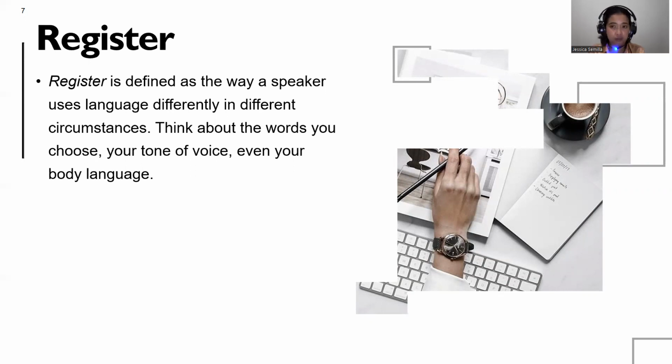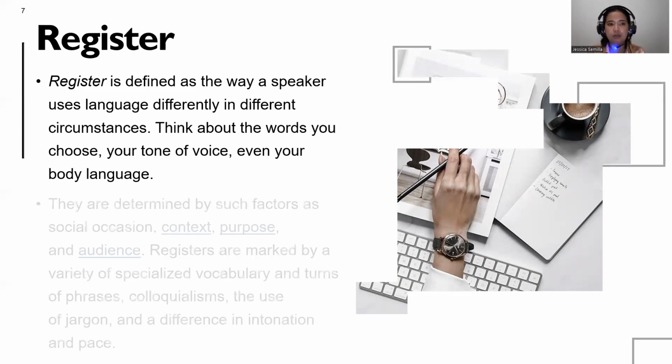So it varies in terms of words, it varies also in terms of the tone of voice and even your body language. Formal speaking requires formal register. Informal speaking requires informal register. So that's the thing. So let's move on.